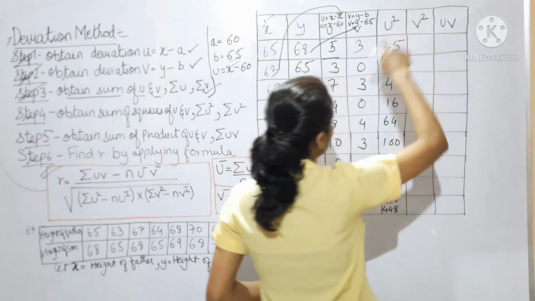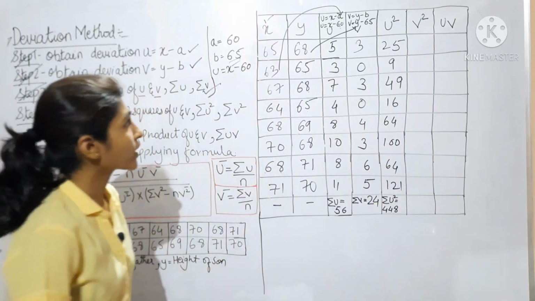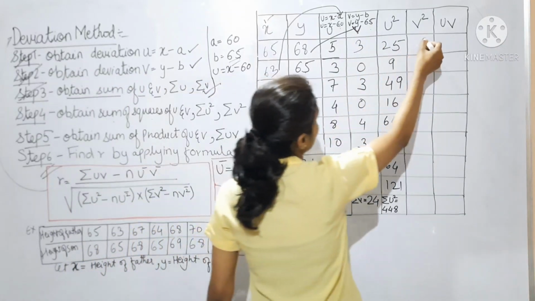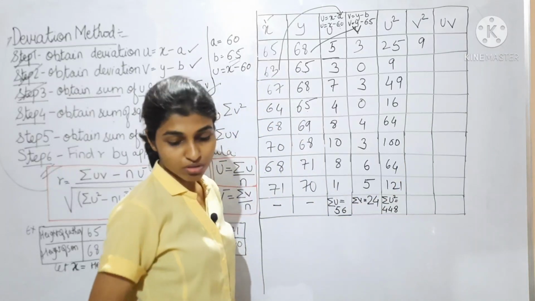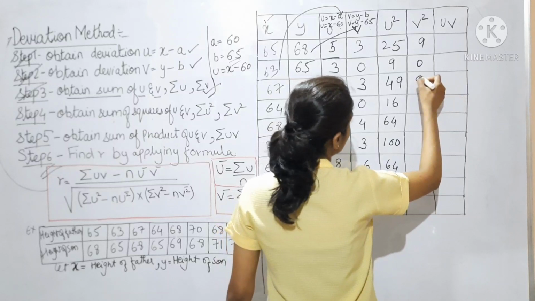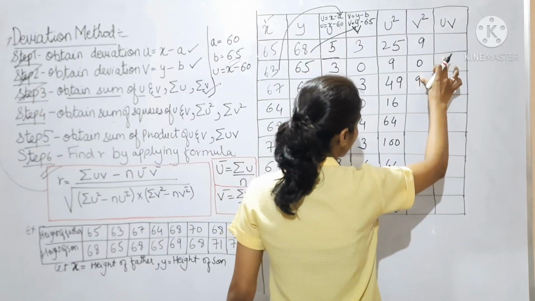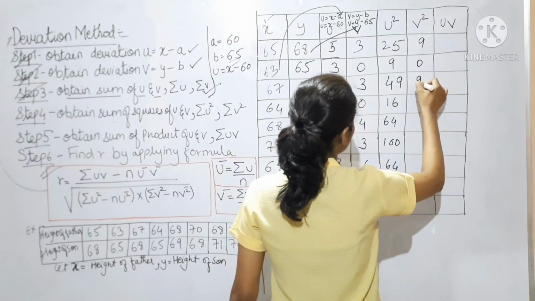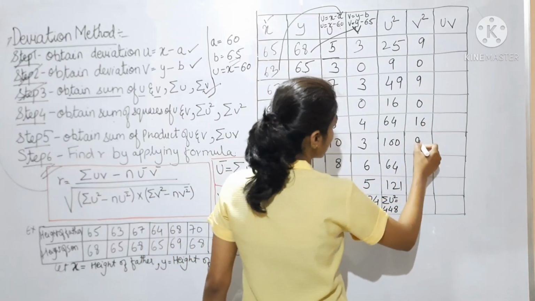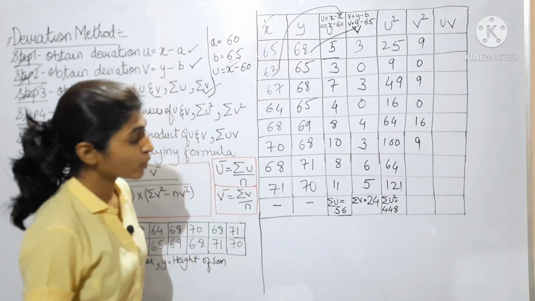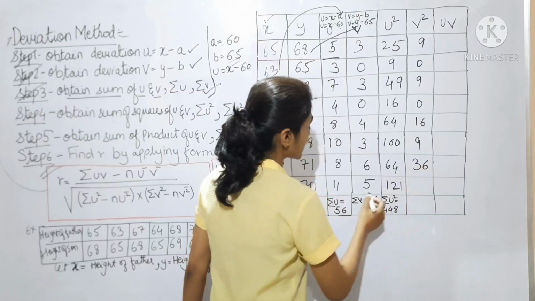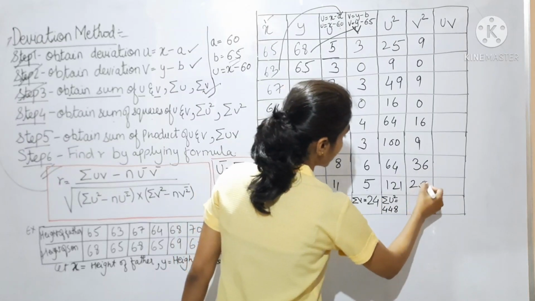Now next we are going to find v square. The values of v are here. So 3 square 9, square of 0 0, square of 3 9, square of 0 0, square of 4 16, square of 3 9, square of 6 36, and square of 5 25.